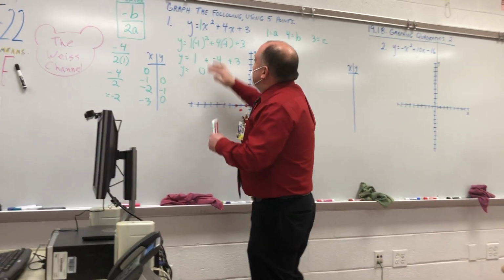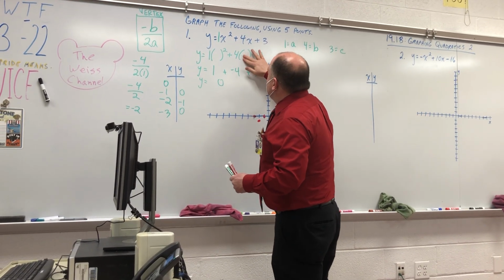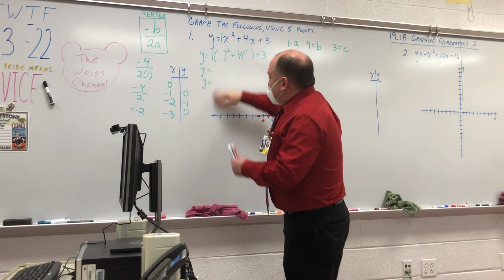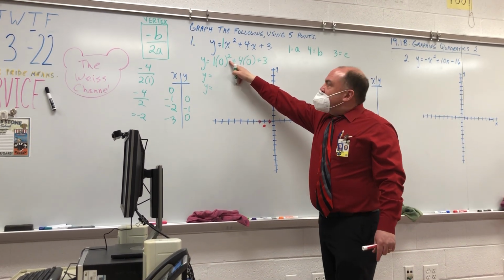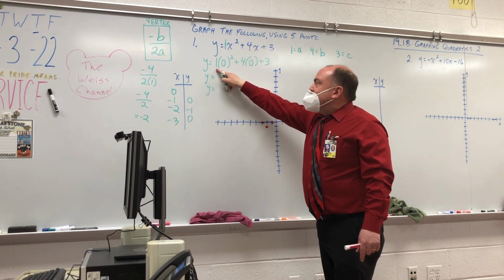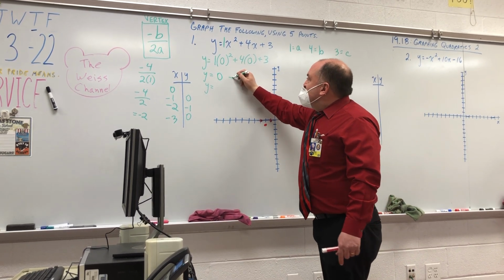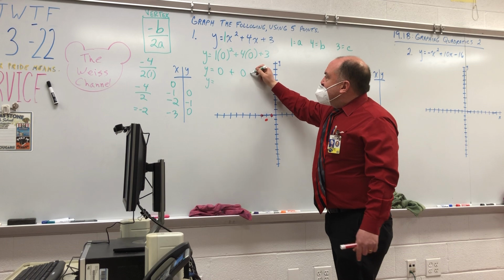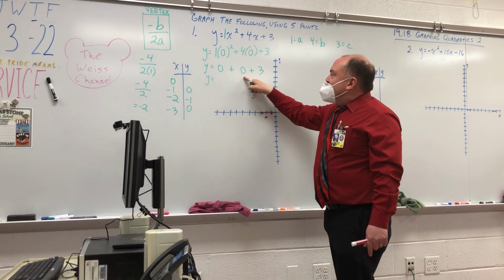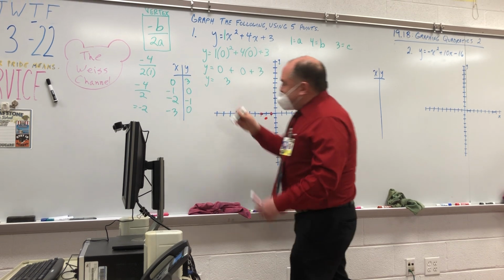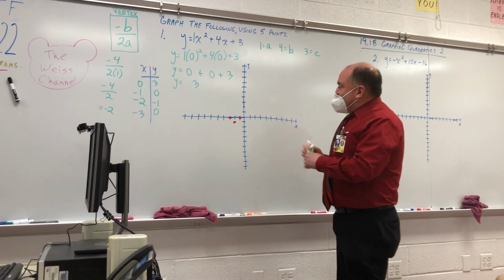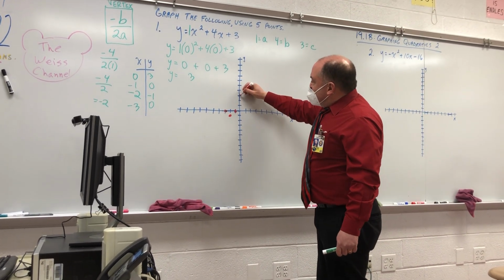So now I'm going to put 0 in for x. 0 squared is 0. Times 1 is 0. 4 times 0 is 0. Plus 3. 0 plus 0 plus 3 is 3. So at 0, y is 3. So I'm going to plot 0, 3.